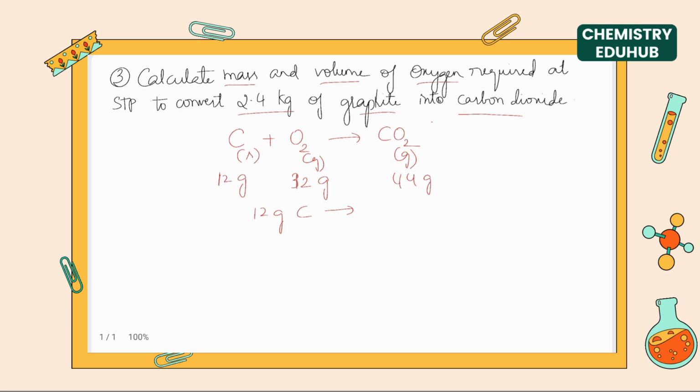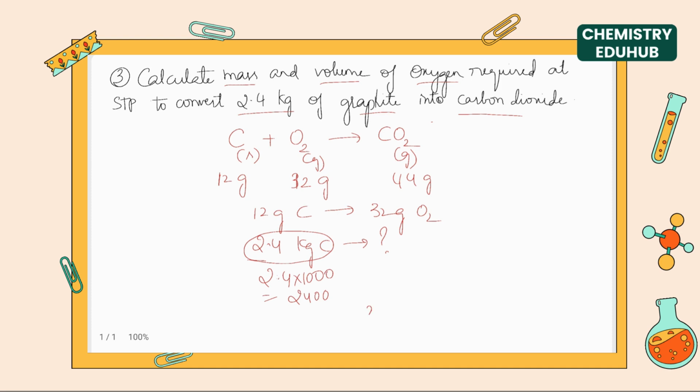12 grams of carbon requires 32 grams of O2. Then 2.4 kg of carbon would require how much amount of oxygen? So for calculations we need the same units. So we need to convert this 2.4 kg also into grams. So 2.4 into 1000 would be 2400 grams.